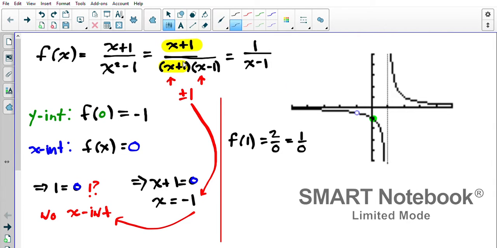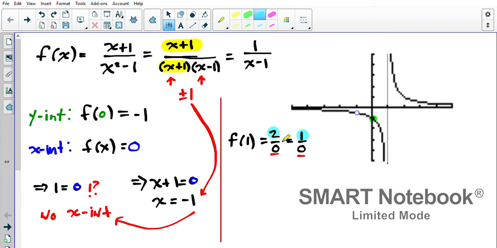The key to vertical asymptotes: numerator is not 0, denominator is. I feel like that deserves a red underline. We need some red emphasis. Okay.